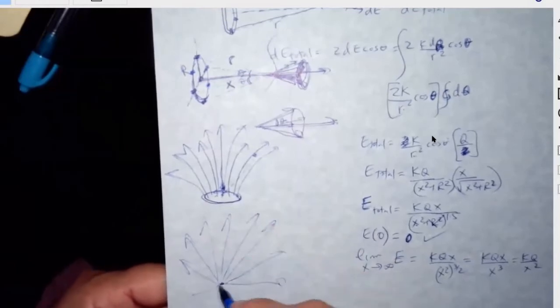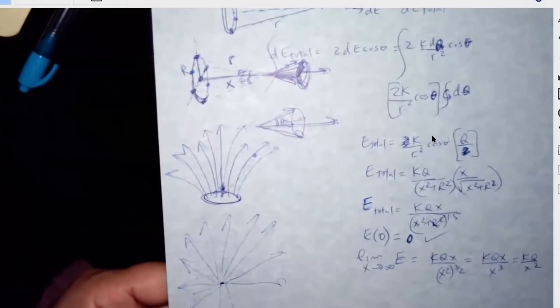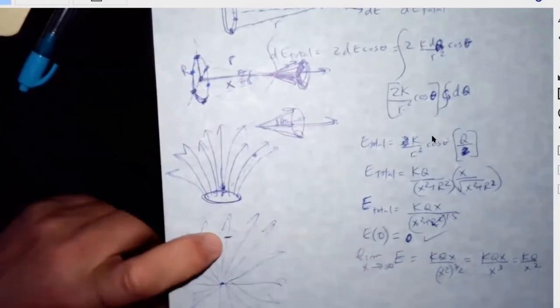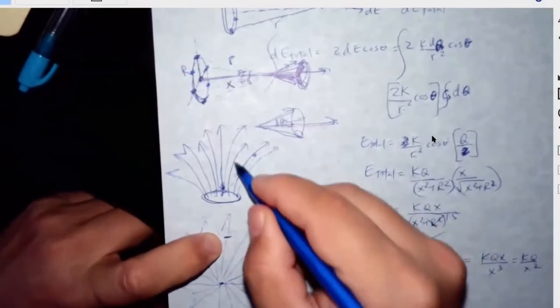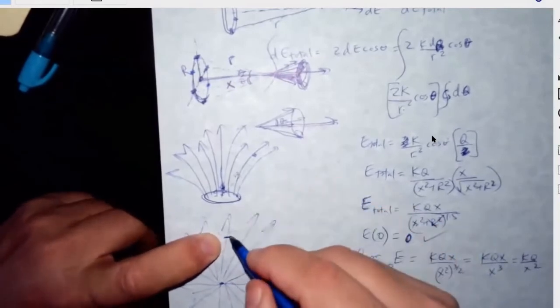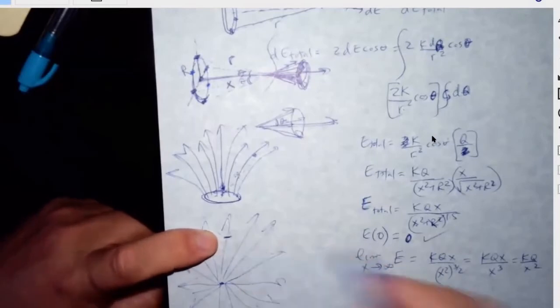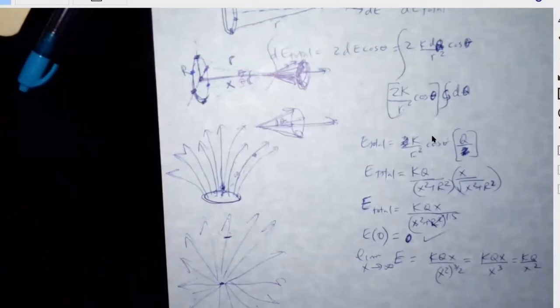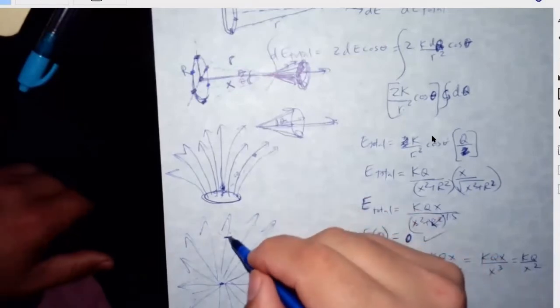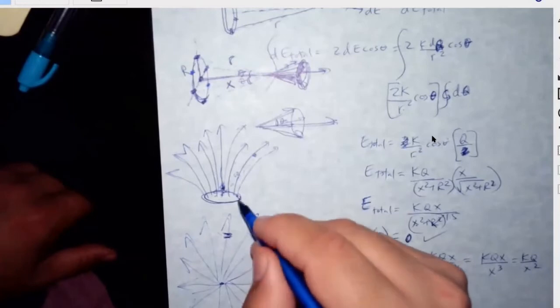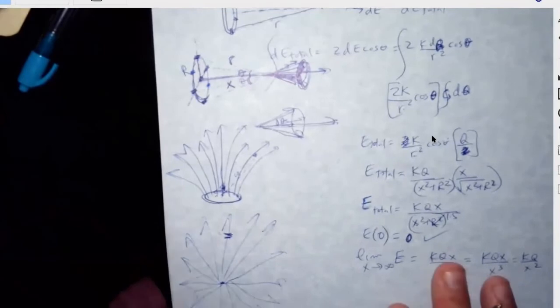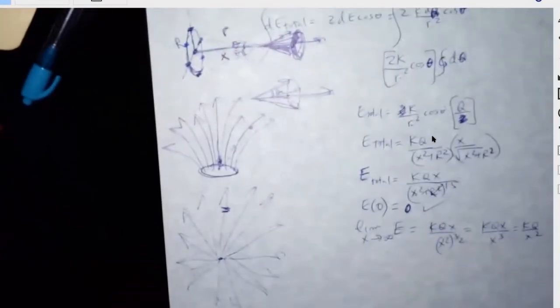So it's going to have spherical symmetry. If I'm very far away from the ring and I find the E field here and I double my distance, the E field should drop to 1/4, right? To say that it has a 1/x squared behavior always means that if I double the distance when I'm far away, the E field should drop like 1/4, you see? And it has spherical symmetry. So it's checking out. That's good.